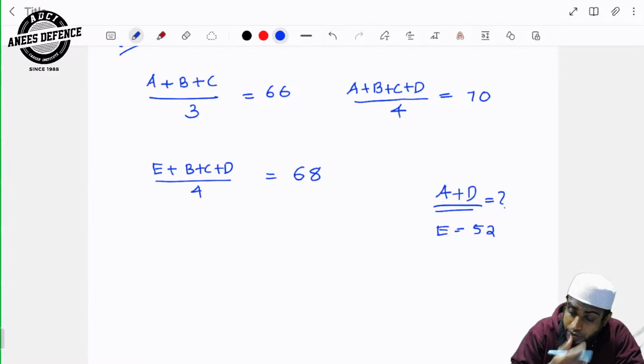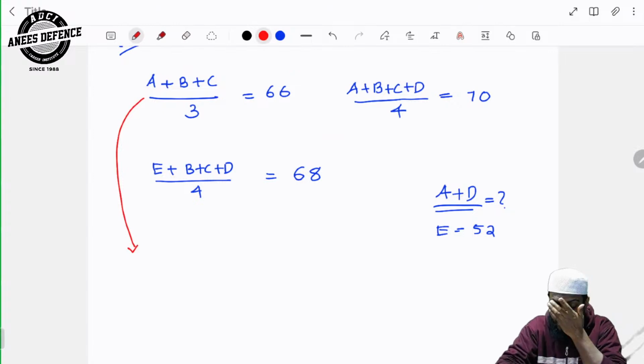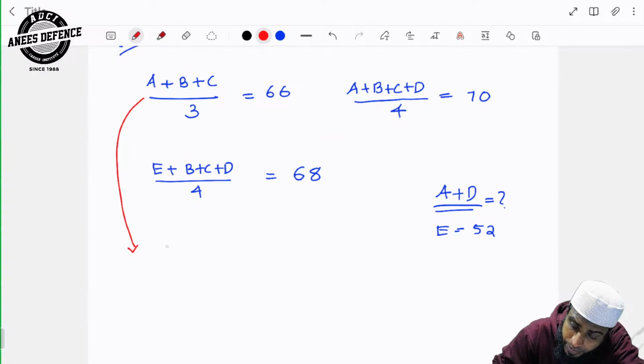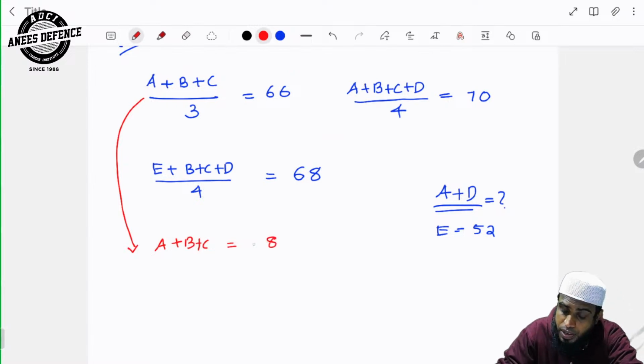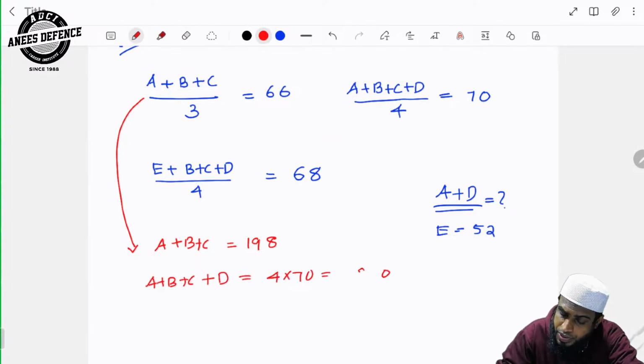So from this relation, A plus B plus C can be written as 198 just by cross multiplication. A plus B plus C plus D is 4 into 70, that is 280.